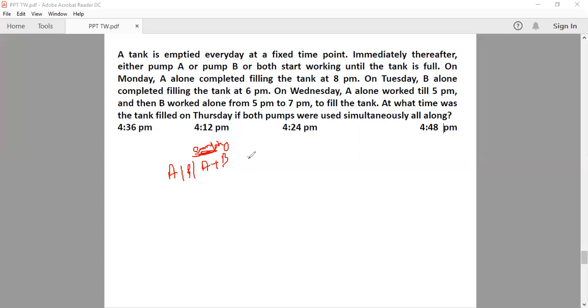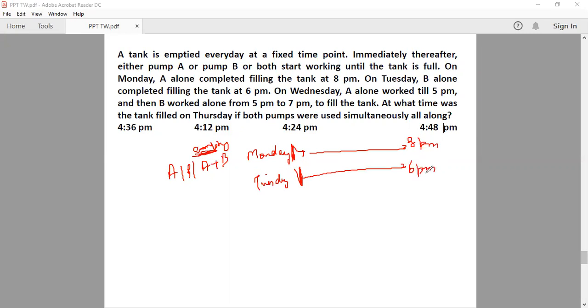On Monday, A alone completed filling the tank at 8 p.m. A ने 8 p.m. तक टैंक को फिल कर दिया, राइट? एक फिक्स टाइम के बाद बी ट्यूसडे को काम कर रहा है. बी ने ट्यूसडे को उसको कितने बजे फिल कर दिया?